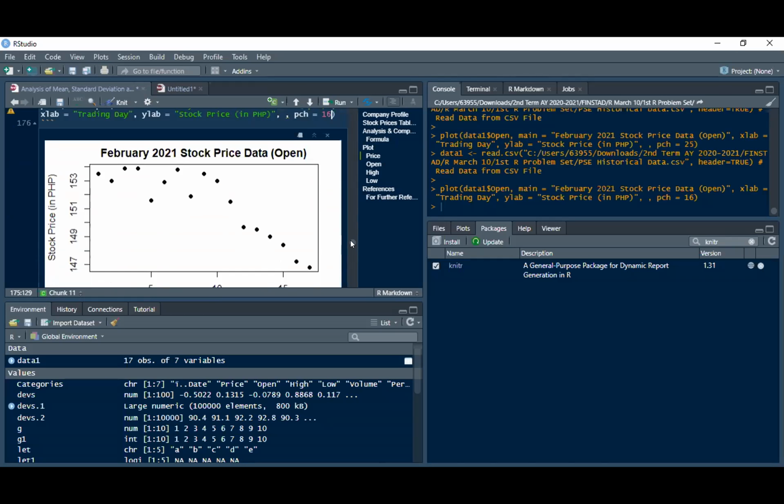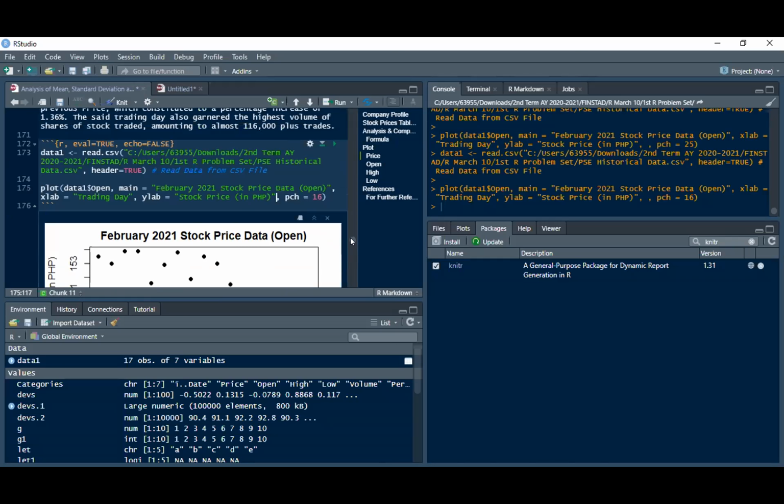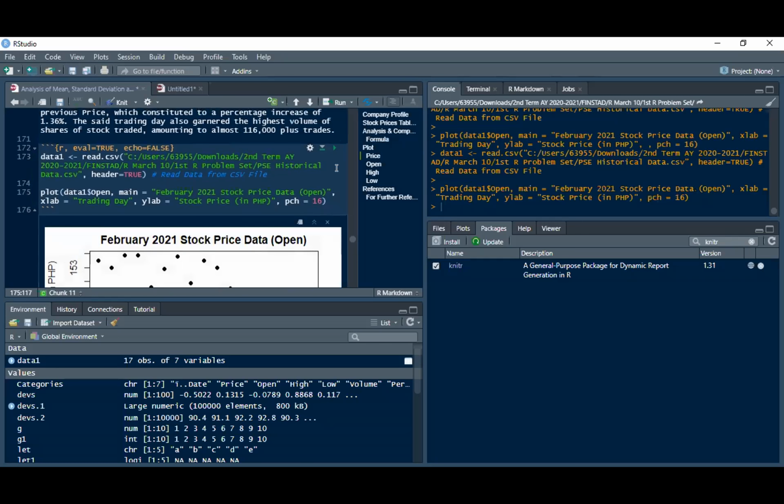Question for the class. Bakit may space dun sa comma? Would it have mattered if you just type comma and then PCH? Kasi pag may ganyan, comma, ibig sabihin merong code dyan na hindi nyo linagay, no? So would it have mattered? I-run mo nga yan. Di ba pareho lang?